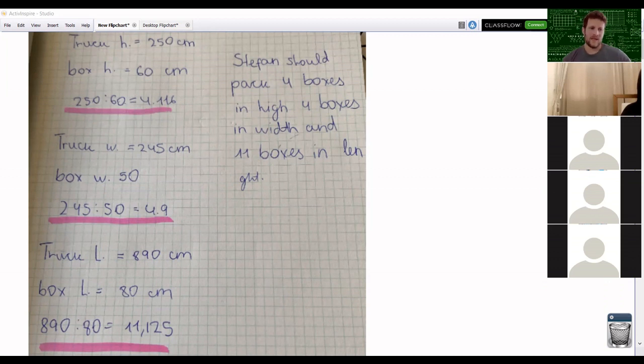So there's a link in the chat. I want you to follow that link, the same link as before, but there will be a new poll now when you open it. And the poll now will say, does Stefan know how to pack the truck? I want to know, based on the information you guys are looking at, based on this student's work, if you were Stefan, would you know how to pack the truck? Yes or no?